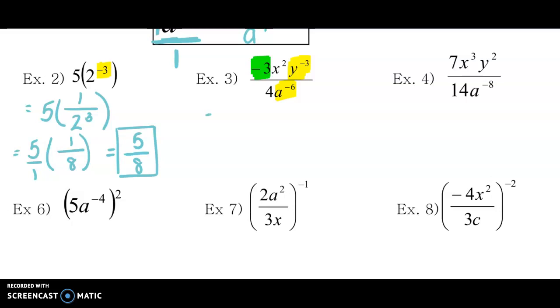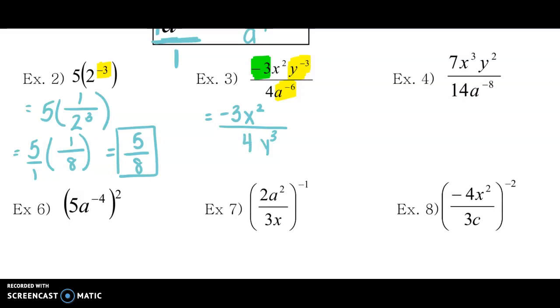So when I go to simplify this, negative 3 stays where it is. X to the second can stay where it is. But that y to the negative 3rd is going to come down to the bottom, and it's going to become positive. Now let's look down at the bottom. The 4 stays where it is. There's nothing wrong with that being there.